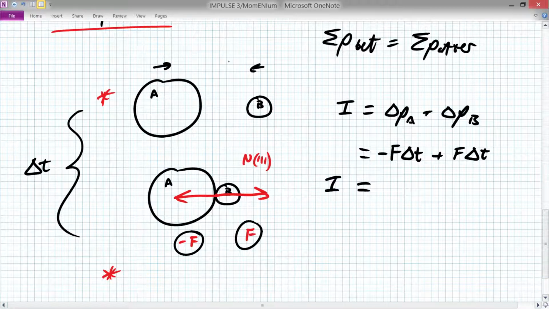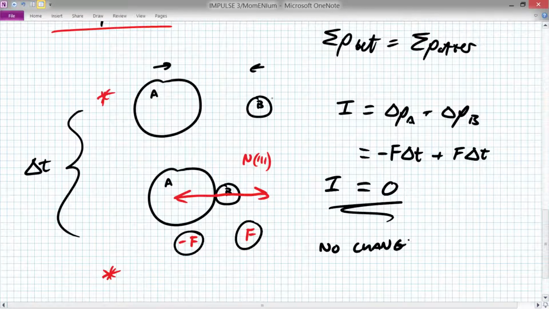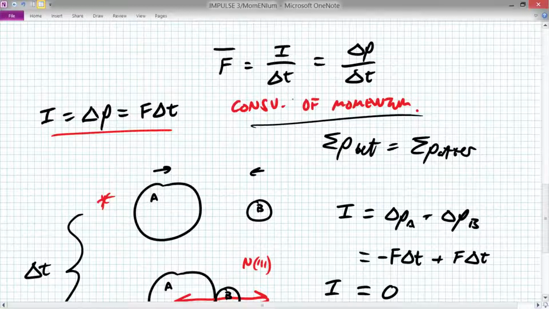When you do this, we see that the impulse is 0, and that means there is no change in momentum, which quite simply just proves our conservation of momentum law.